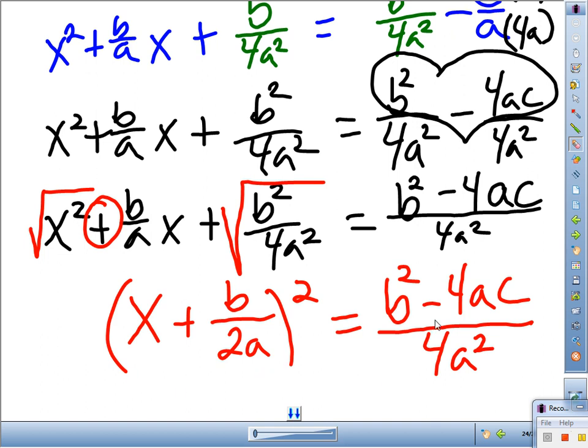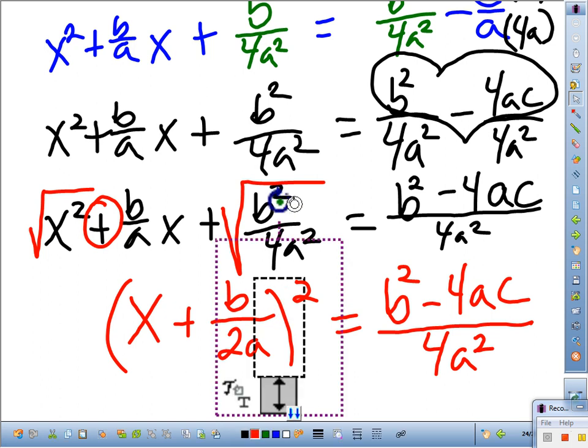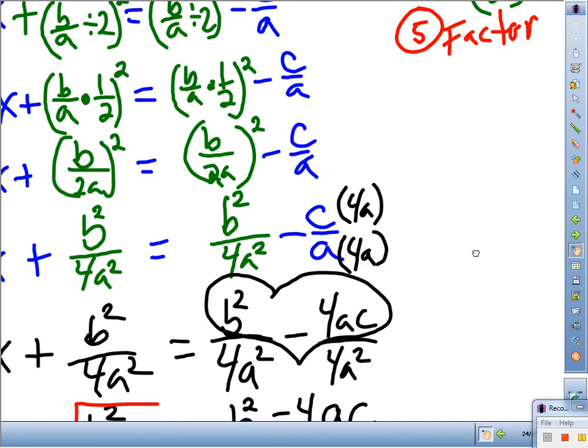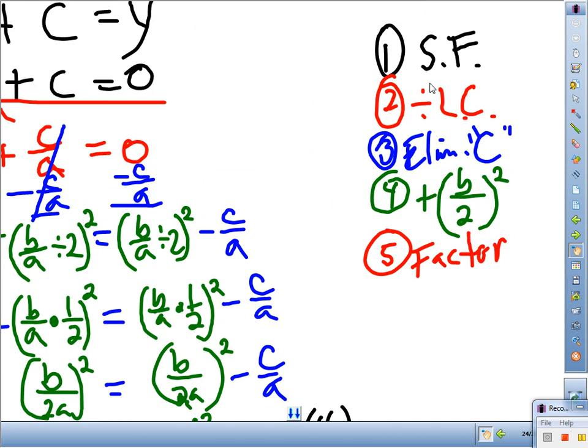All right. So, now that we're here, we're almost done with the entire process. Step 1, standard form, divide by leading coefficient, eliminate c, add b over 2 squared, factor, and now we're on to step 6.